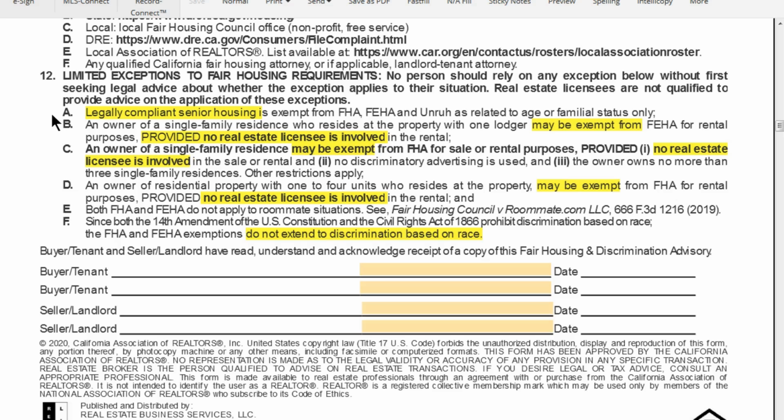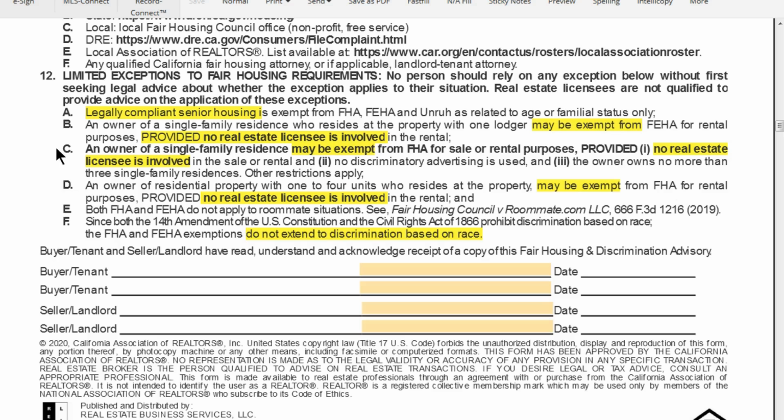But A specifically says legally compliant senior housing is exempt in some situations, and B, an owner of a single-family residence who resides at the property with one lodger may be exempt, provided no real estate licensee is involved.